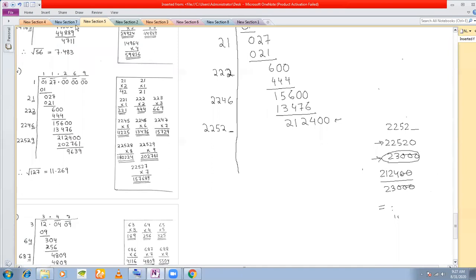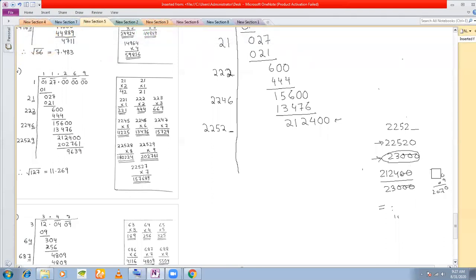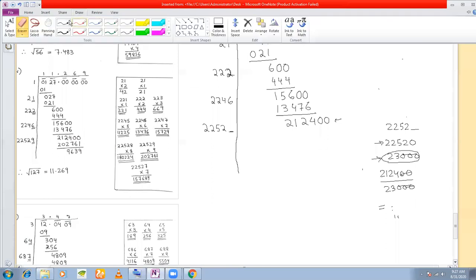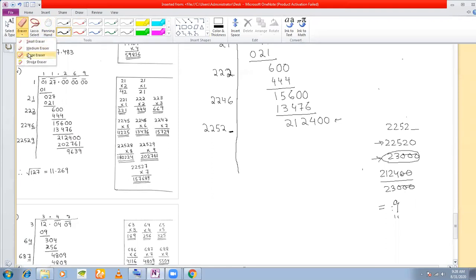Let me try 230 into 9. Yes, the quotient here will be 9. So whatever digit that you place here will be close to 9. So either it can be 7, 8 or 9. We'll first try with 7.